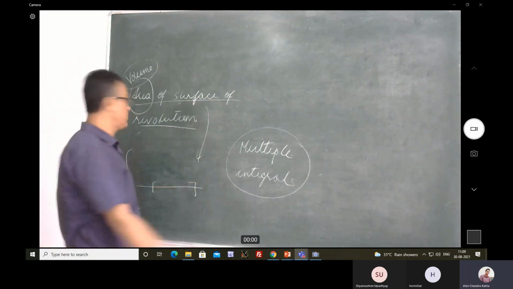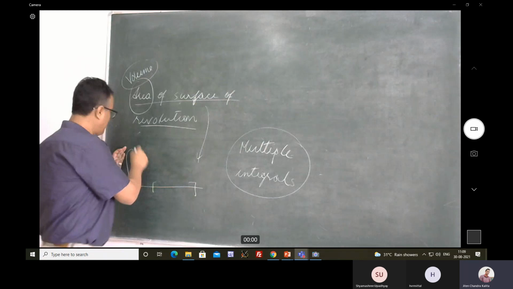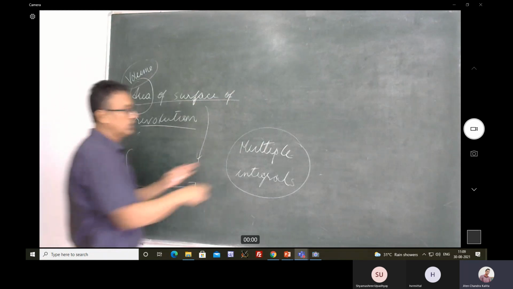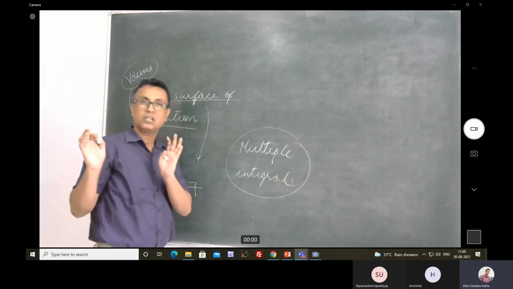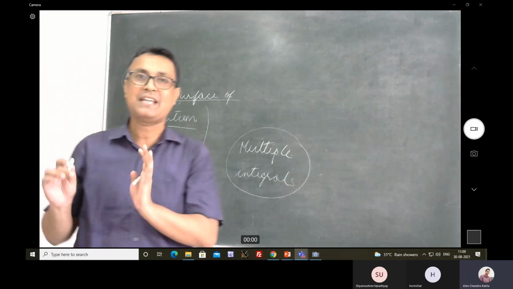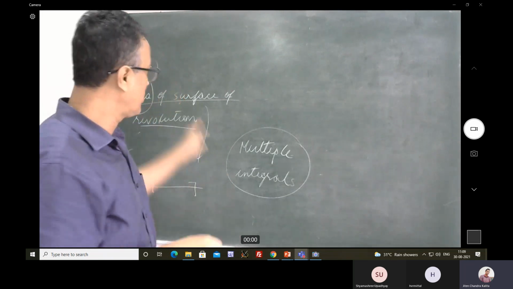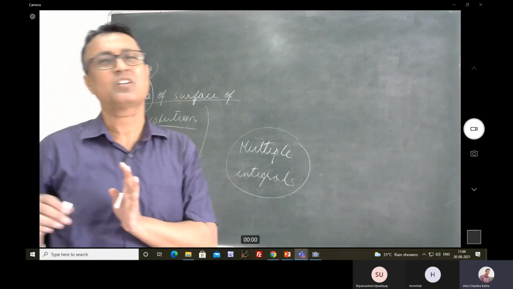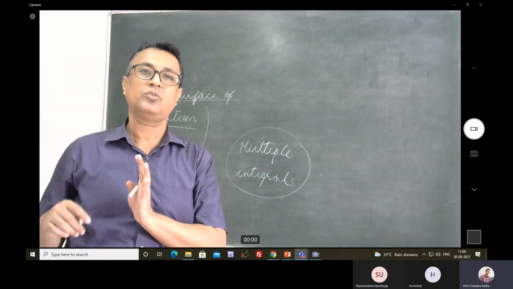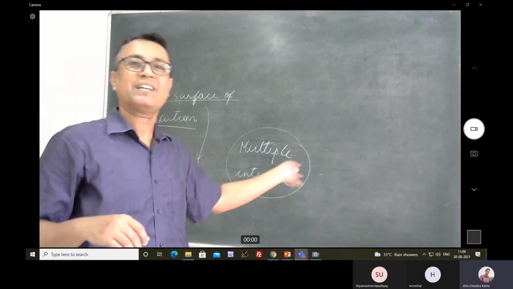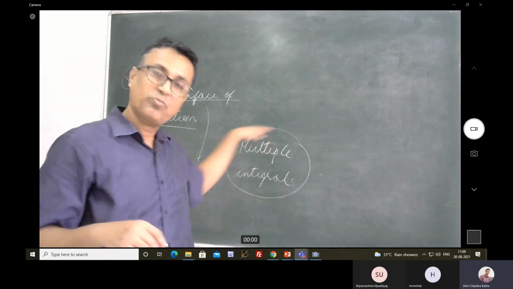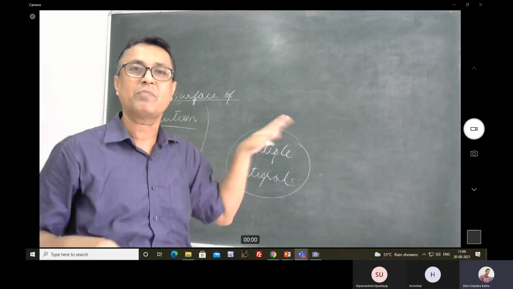When we consider some integral over some region in a two-dimensional plane, it is not necessarily two-dimensional. It can be three-dimensional space also. But firstly we are going to extend it to the two-dimensional plane. So from there we'll start our multiple integrals.